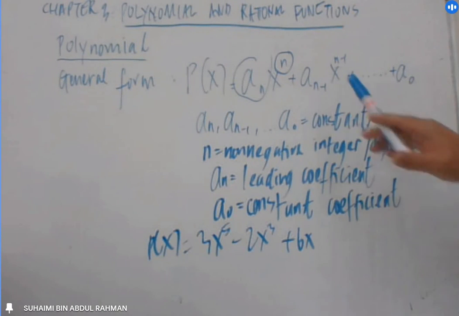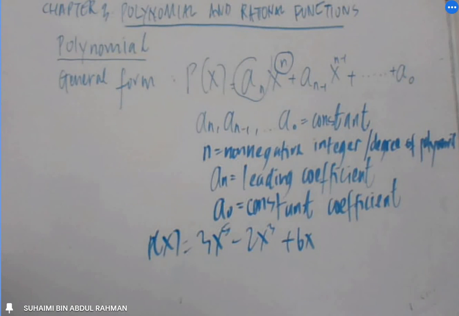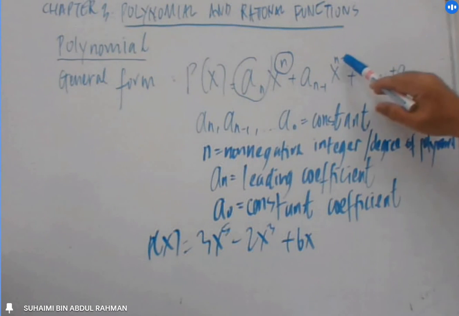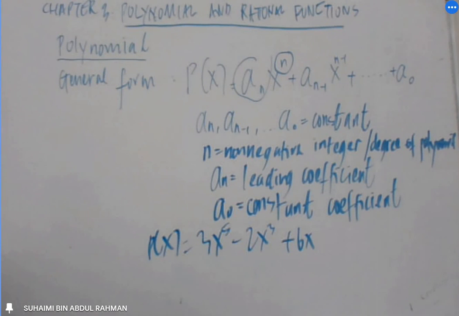It does not matter whether it goes down by 1 or not. This is only the general form. Oh, okay, so it is a polynomial. In this form, it is not necessary that the powers go down by 1 and then by 2.